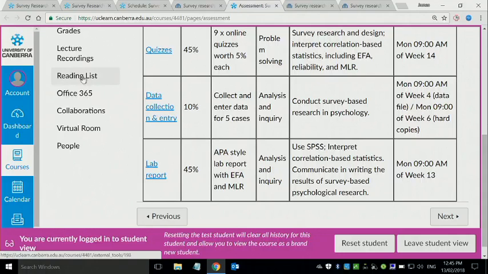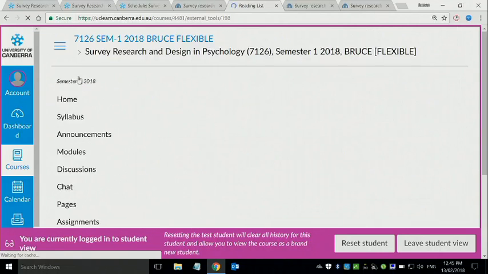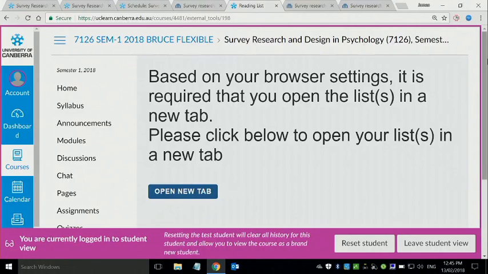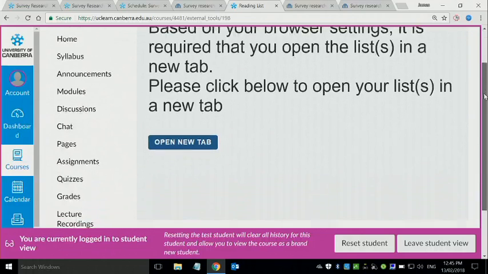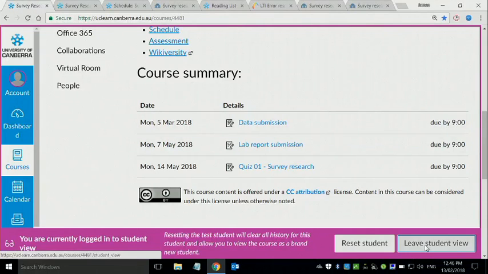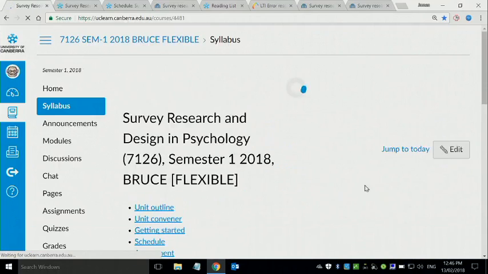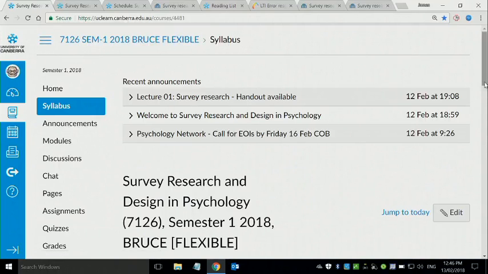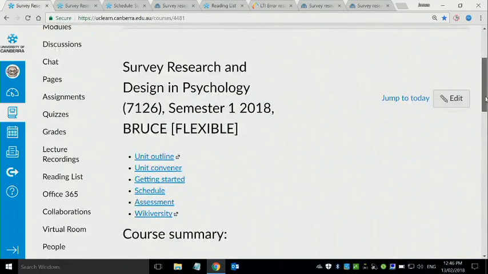And actually, if we look, there's a link to the reading list. If you go into the reading list, okay, it might not work in student mode. I'm assuming this works in student mode, so if it doesn't, tell me. It doesn't.